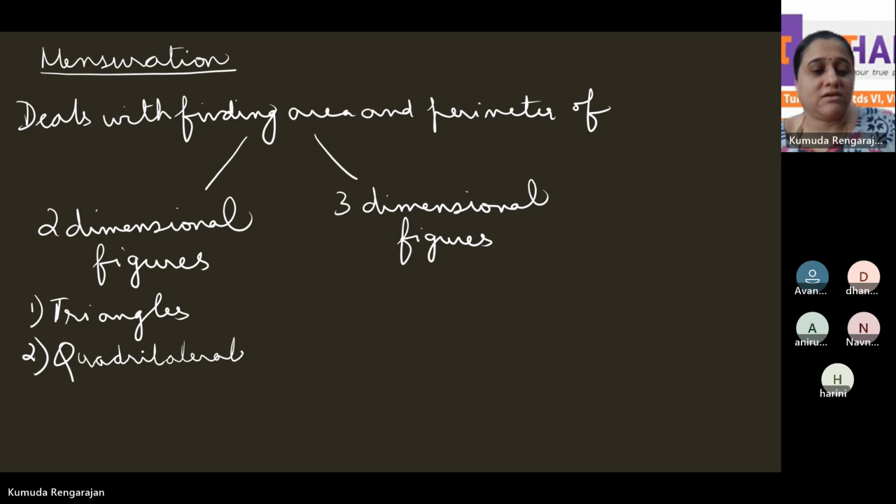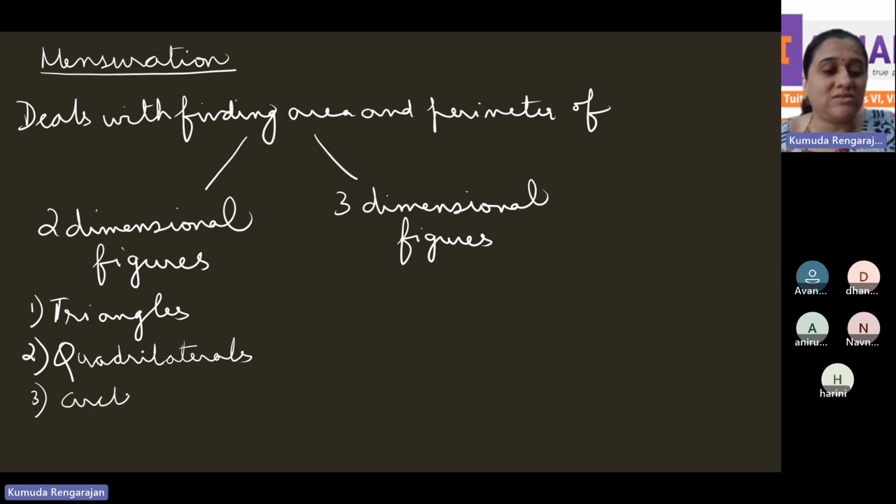And we'll also learn how to find the area and perimeter of a circle. Now, a circle is not a polygon. A circle is a closed figure, but it's not a polygon, because a polygon has to be made up of line segments. A circle is not made up of line segments. It's a curve. A polygon is a closed figure made up of line segments.